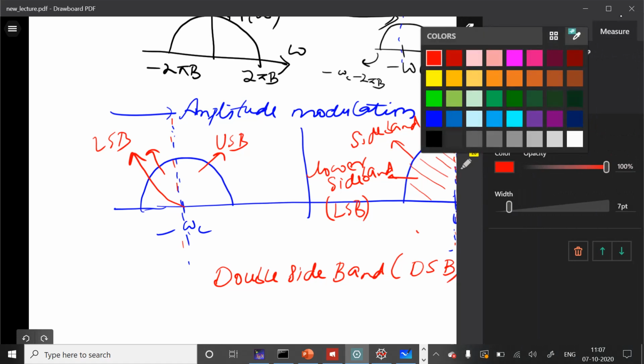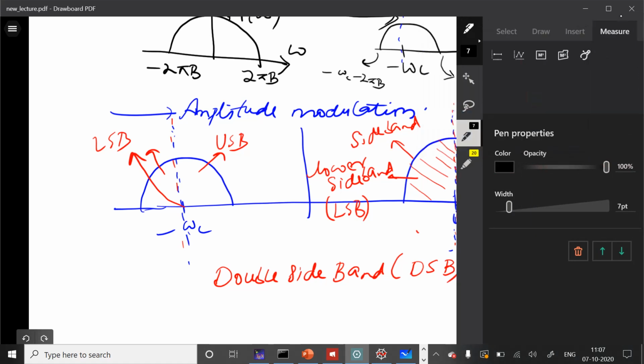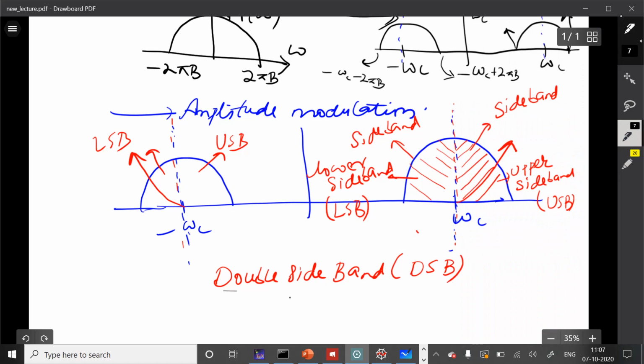And one more thing about the name is, if you see the double side band modulation we have done, how are we writing the equation? Okay, so we are writing the equation as m of t cos omega ct.